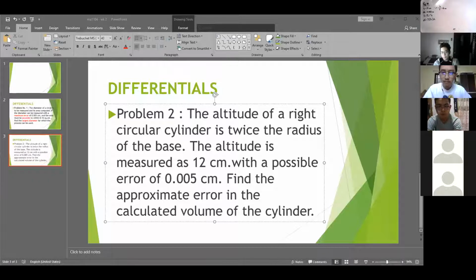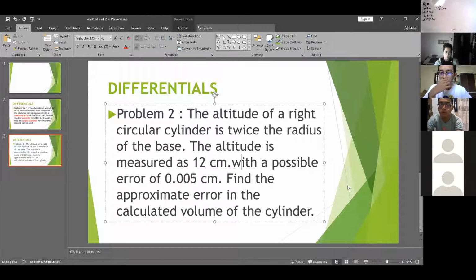Substitute the r. What will our equation be if we substitute r? dV equals 2 pi times the value of r, which is 6, and then the value for dh, which is 0.005.